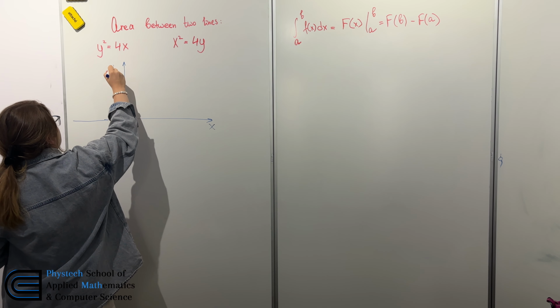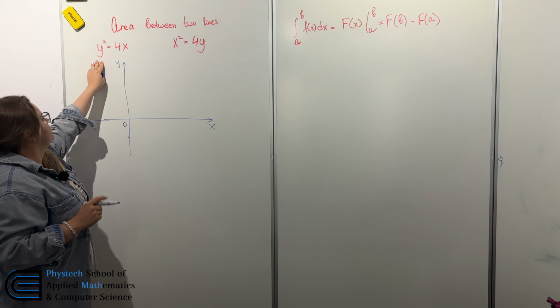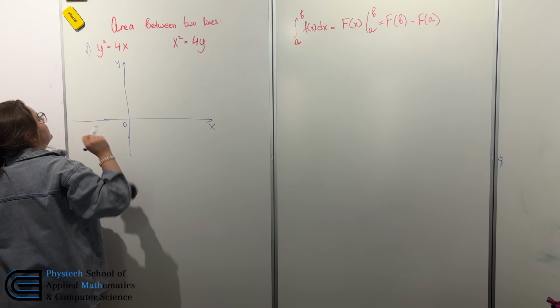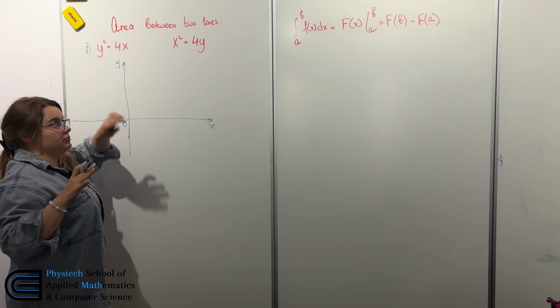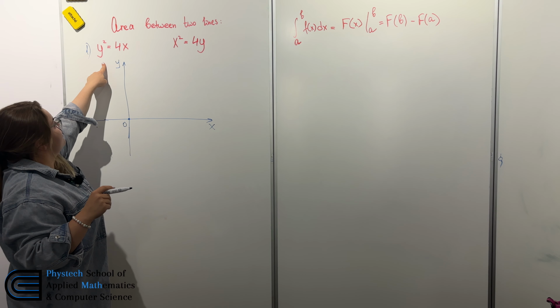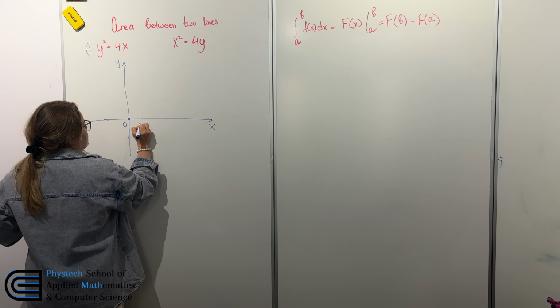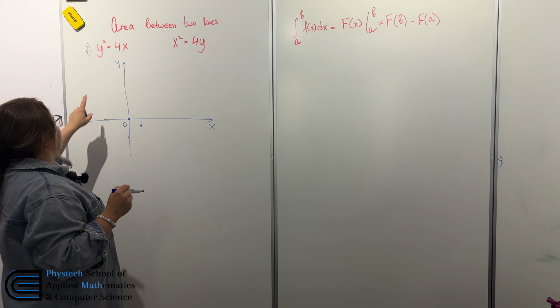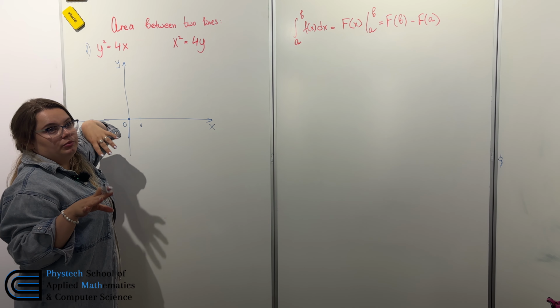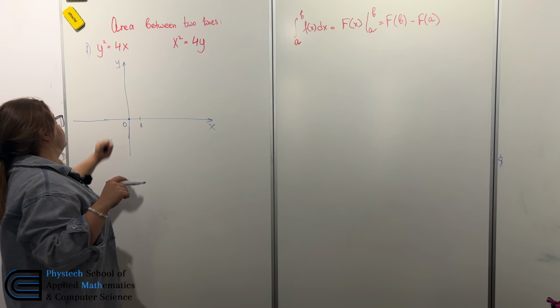X, 0, y. First function. If our x equals 0, y equals 0 too. Then what we can see, if our x equals 1, y will be equal to plus or minus 2.